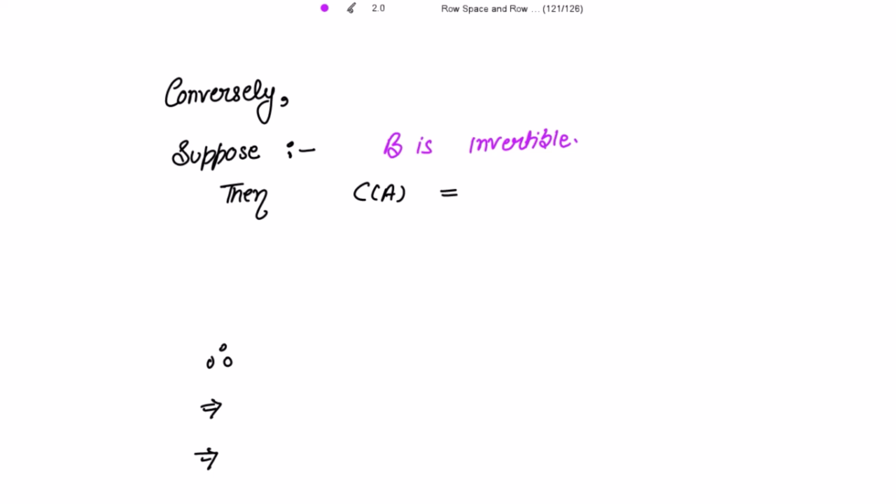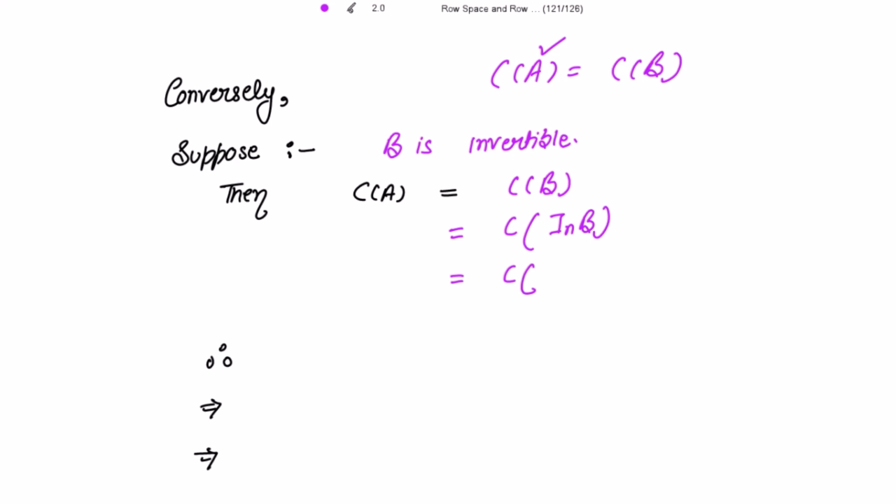So let's start with C(A), which is given to us as C(A) is equal to C(B), which is equal to, because B is invertible, the column space of I_n B, where I_n is your identity matrix of order n. This is further equal to the column space of the matrix which is multiplied with the non-singular matrix, right?